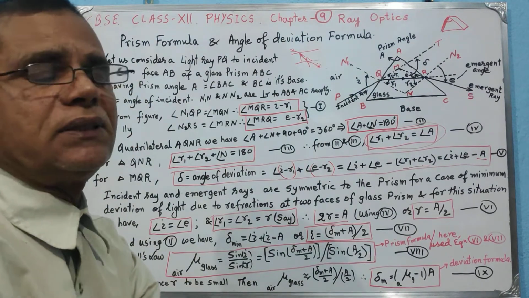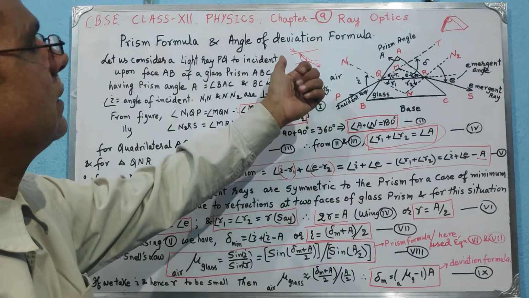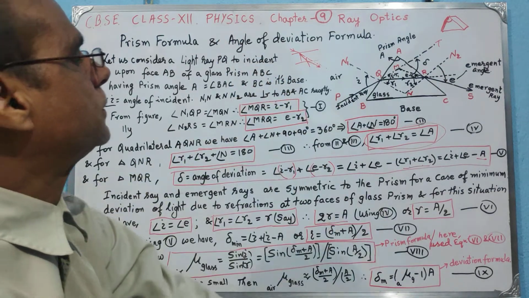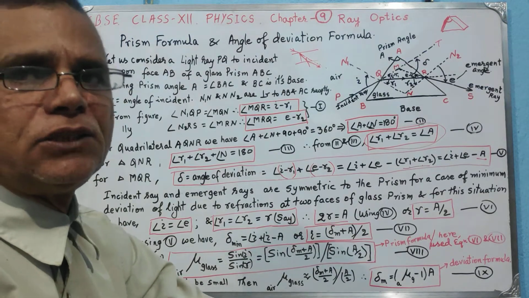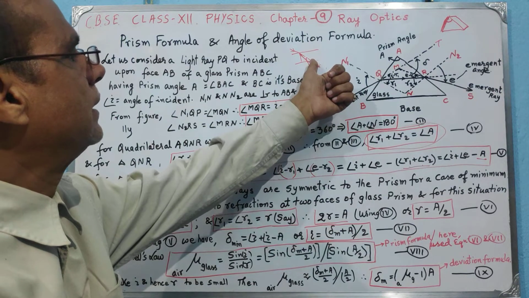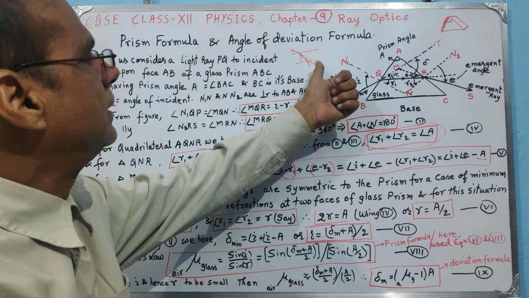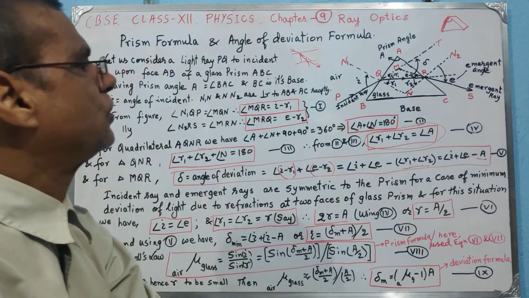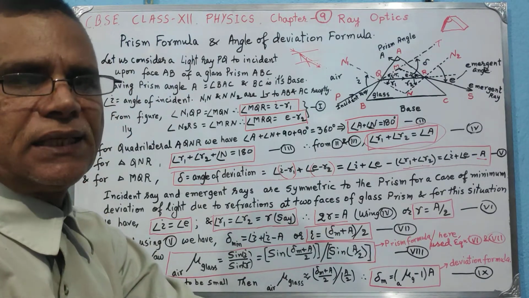And in this situation, what is happening? The angle of incidence is equal to angle of emergence. And in this situation, there is no deviation. Deviation is 0 because the original light ray is emerging along the original path of the incident ray. Only it has some lateral shift from its original path, but directional change is not there, meaning deviation is 0.